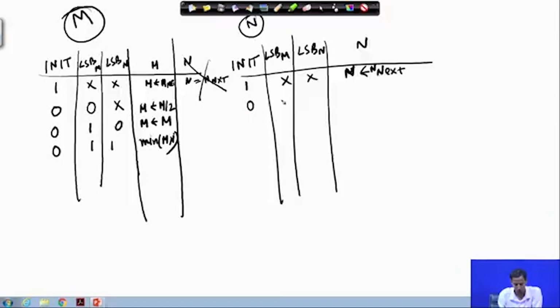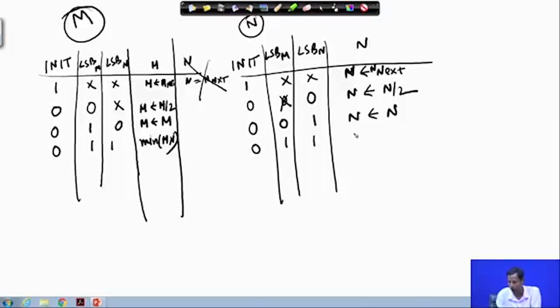For 0 0, sorry, I am considering it for n, so n equals n by 2 when this is 0. Whatever the value is for 0 and 1, n equals n. For 0 1 and 1, n equals mod of m minus n. So, these are the corresponding functions which I require for m and n.